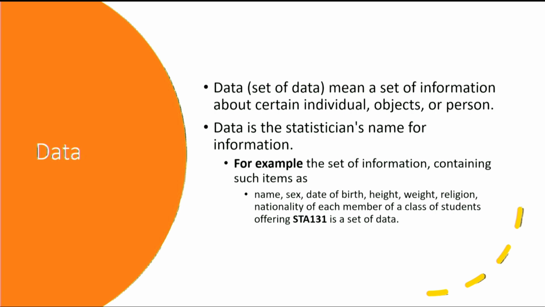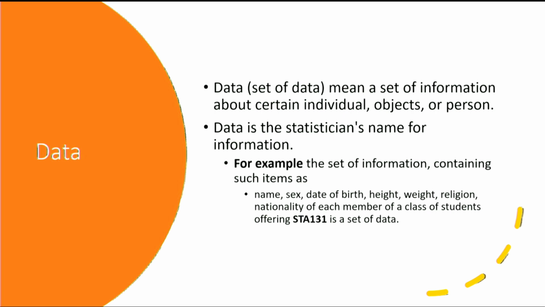Sometimes we shall talk of a set of data. A set of data means a set of information about certain individuals, objects, or persons. Data is the statistician's name for information.